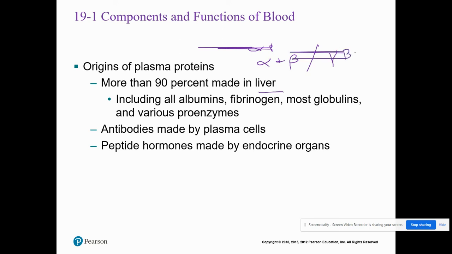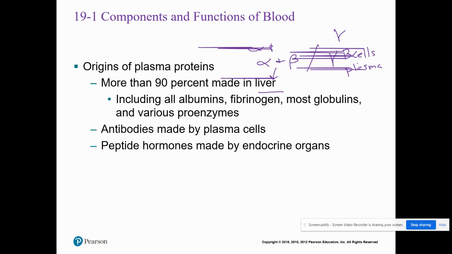B cells. This is going to be so annoying. B cells that are found in plasma. And we'll talk more about that again when we get to immunity. So alpha and beta come from the liver, as far as the globulins, but the gamma comes from our B cells or B plasma cells.